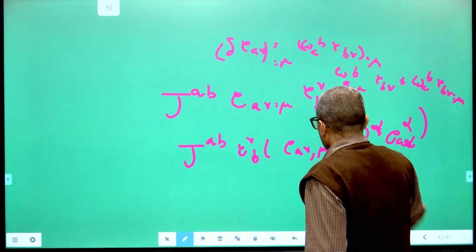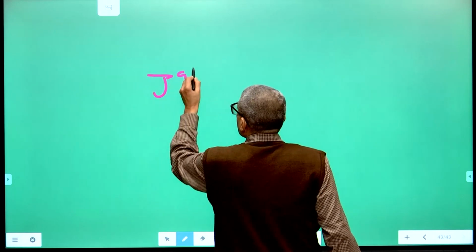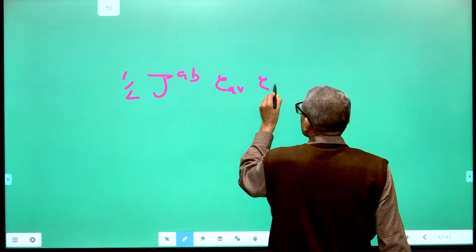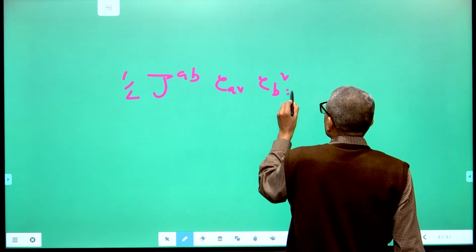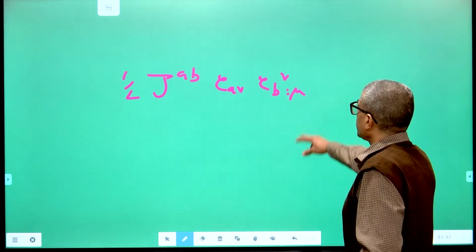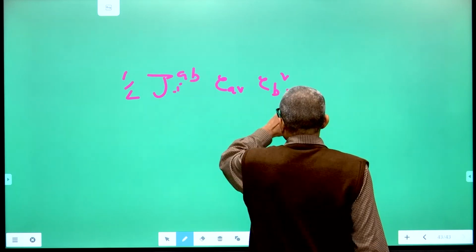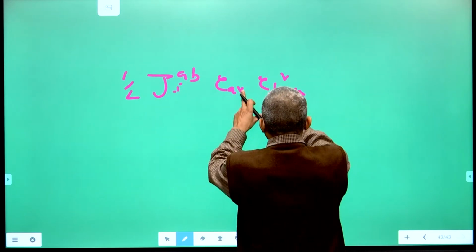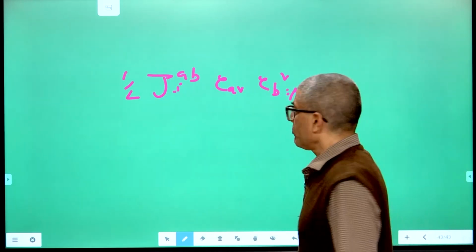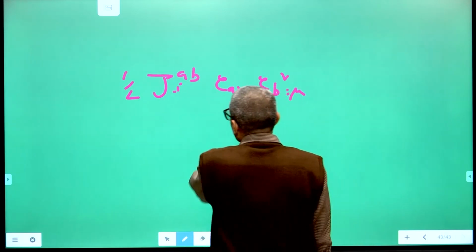That is why it will not touch this. So you can use half J_AB E_A^ν E_B^ν double dot μ as the spinor connection, and this is a tensor, because A and B act as scalar indices with respect to covariant derivatives, whereas ν and μ act as vector indices with respect to diffeomorphisms. Now you can show that this works.